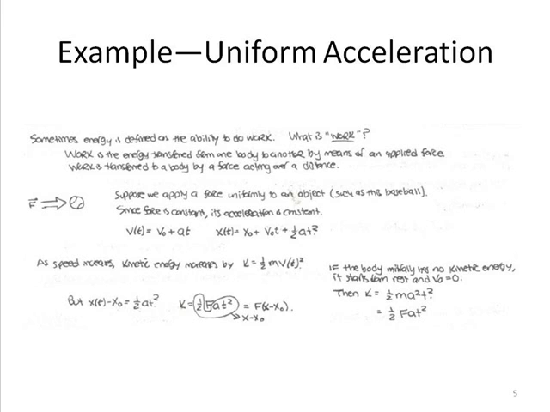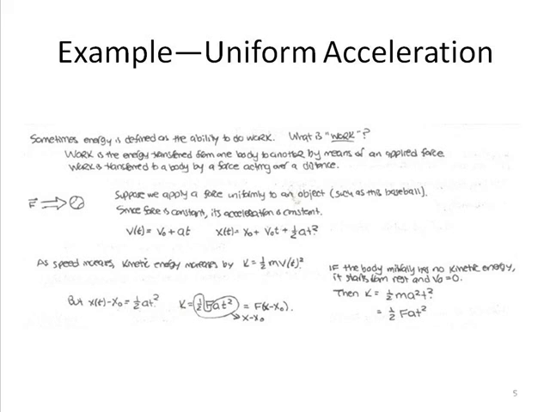that the speed increases linearly with the time, and the distance, or the displacement of the baseball, to be more accurate, goes as the initial position x naught plus v0t plus 1/2 at squared. As the speed increases, the kinetic energy as we've defined it increases by 1/2 mv squared.